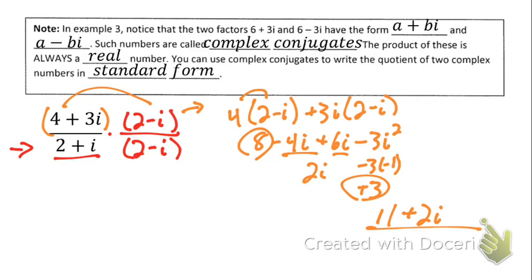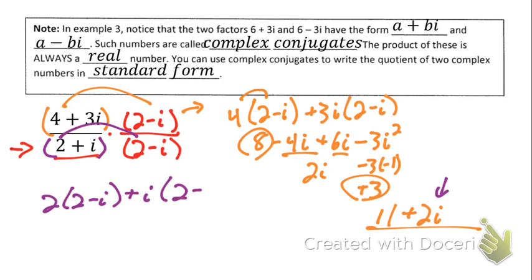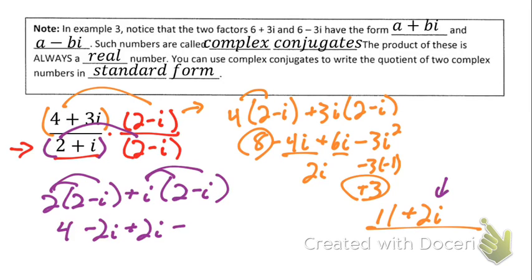Now it's okay to have an i here in the numerator. That's fine. Since I'm multiplying two conjugates, I should get rid of the imaginary part in the denominator, which is why we did this in the first place. So it'll be 2 times all that, and then plus i times all that. So I got 4 minus 2i plus 2i, and then minus i squared.